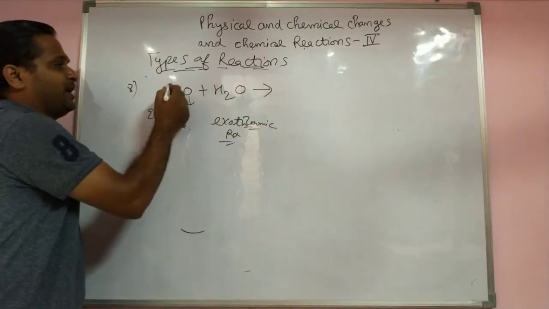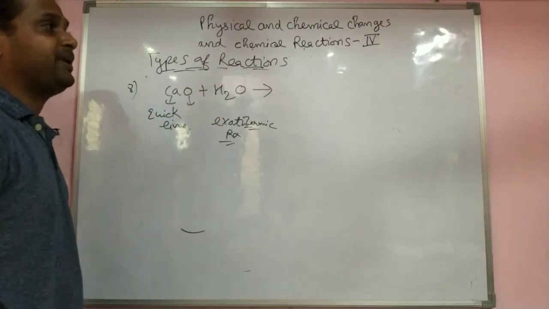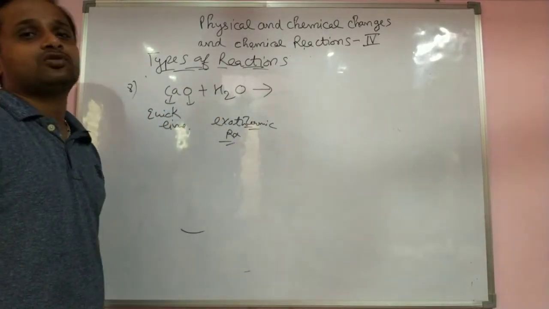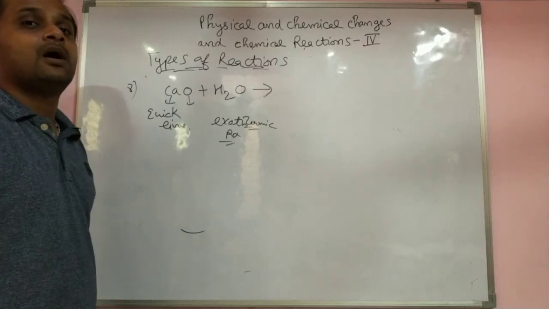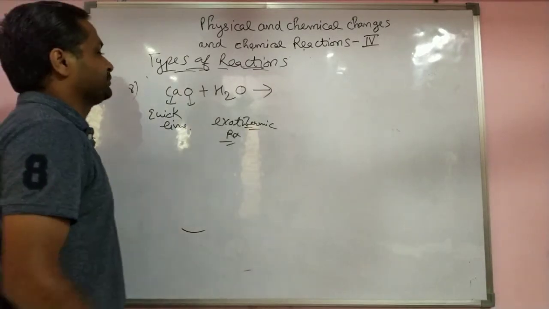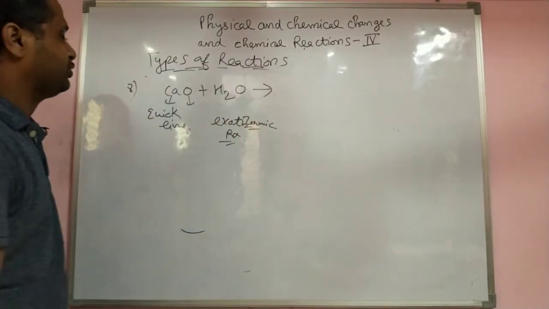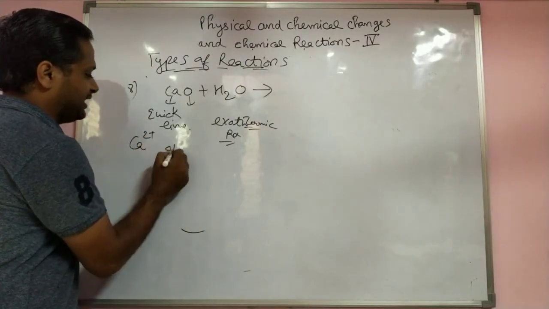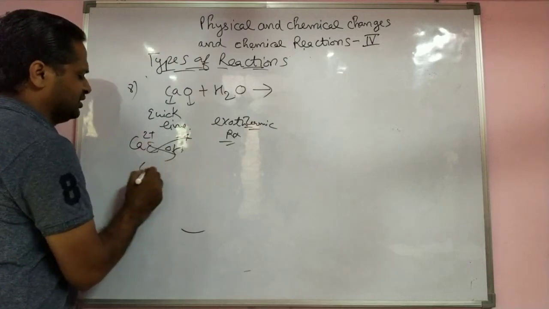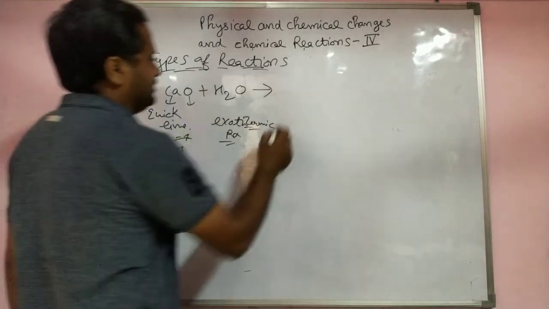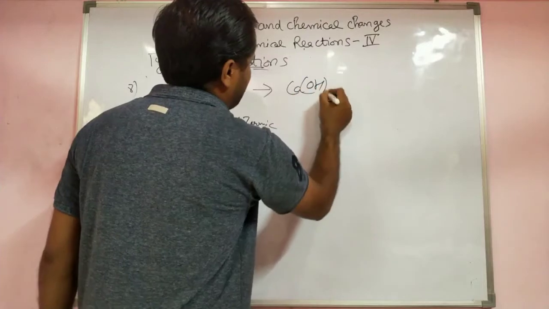Already told to you, when a metal oxide reacts with water, it gives us a base, or a non-metal oxide with water gives us an acid. So here calcium, the base is in hydroxide form, calcium hydroxide, Ca(OH)2. Very easy reaction.